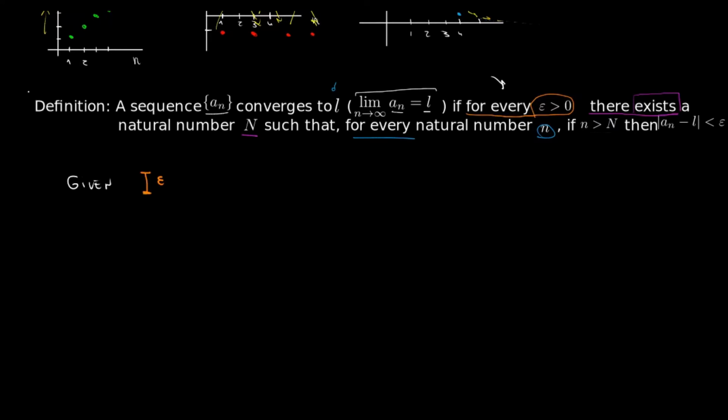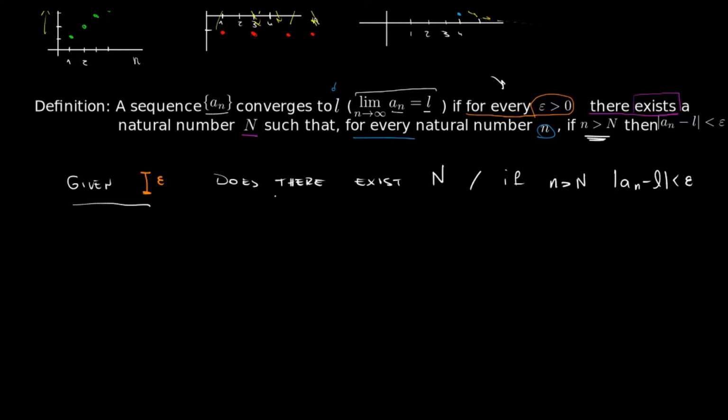So we ask ourselves, does there exist N such that if n is greater than N, then a of n minus L is smaller than epsilon? We have an epsilon. This epsilon was given.